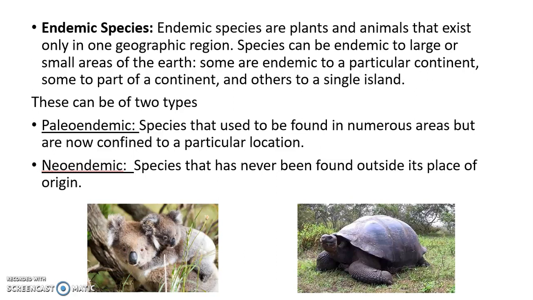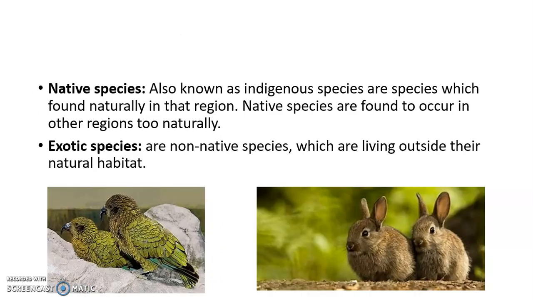So endemic species are those species which exist only in one geographical area or geographical region, while the native species are those species, which are also known as the indigenous species. The indigenous species and the native species, these both terms are used interchangeably.